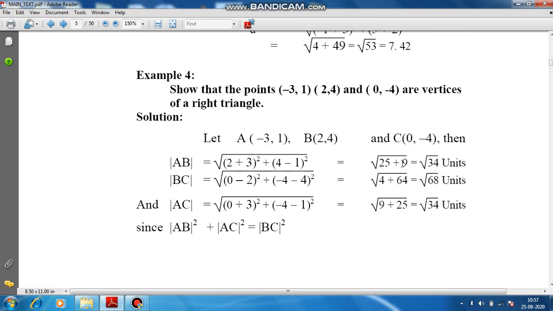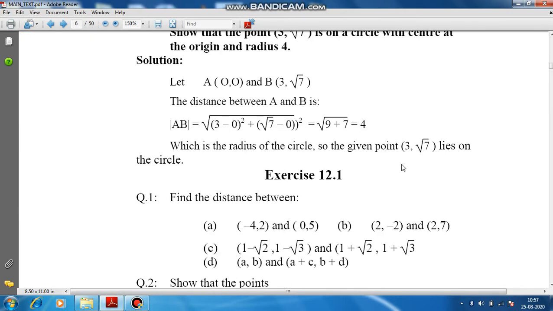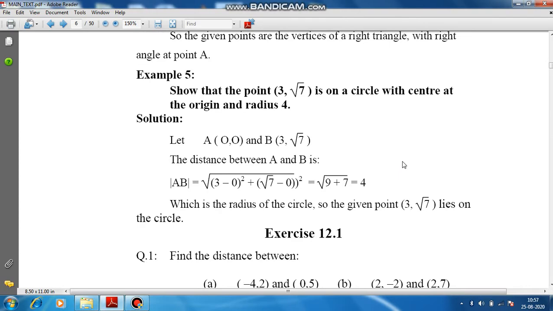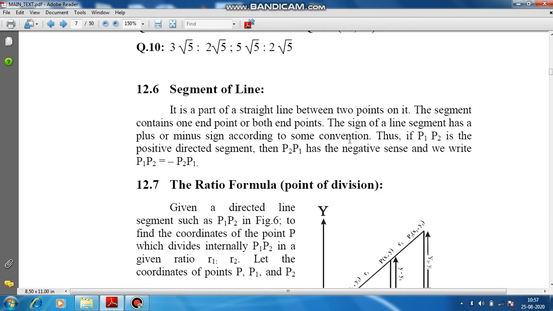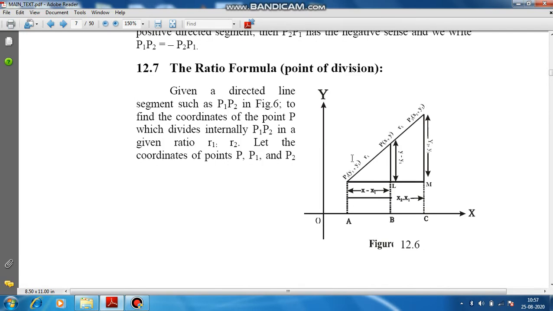This is an example, very simple. Next is the section formula or ratio formula. Suppose there is a line segment joining two points (x1, y1) and (x2, y2).